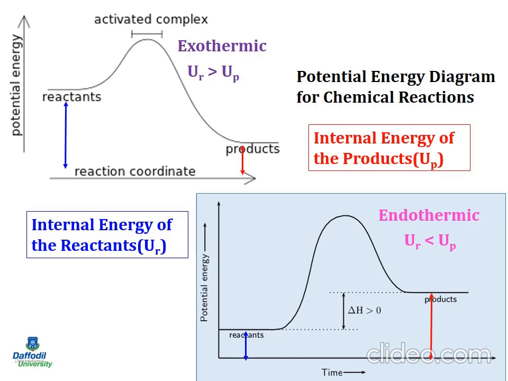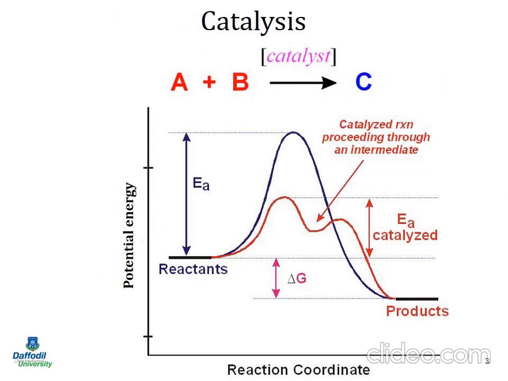So now in case of exothermic or endothermic, we need to consider how they are converting. The reactant at first obtains the activation energy, as shown in the figure, EA, and then this reactant is converted to the product. During the activation, it needs a large amount of energy. Now, in some cases, we can provide this energy by using some materials which can help the reaction to follow an alternative path.